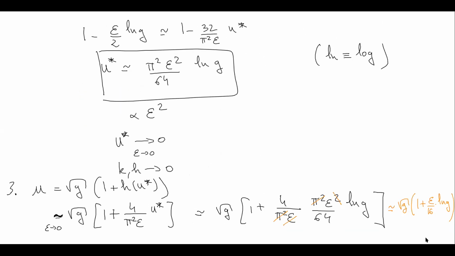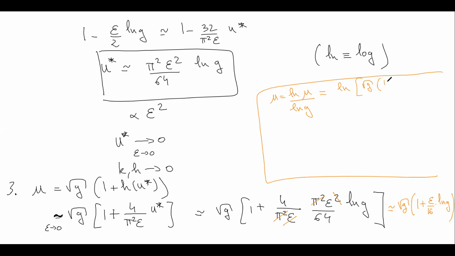So I should go back here. Let me use that space. Which is log of square root of g times 1 plus epsilon over 16 log g, divided by log g. So I can now separate the two terms.